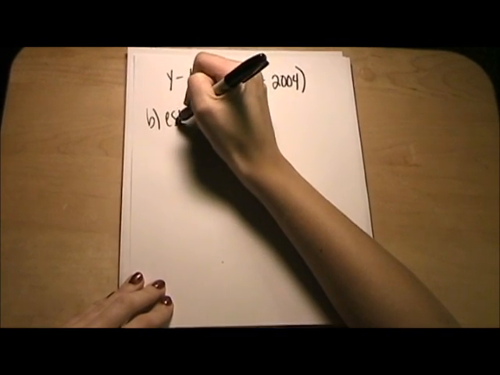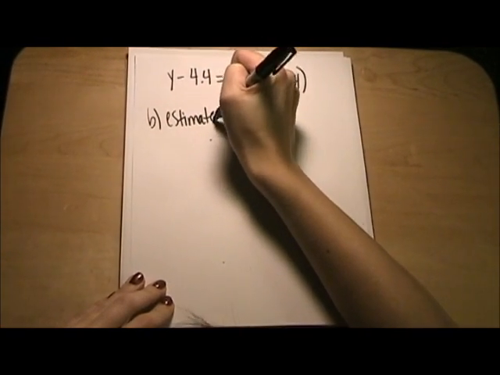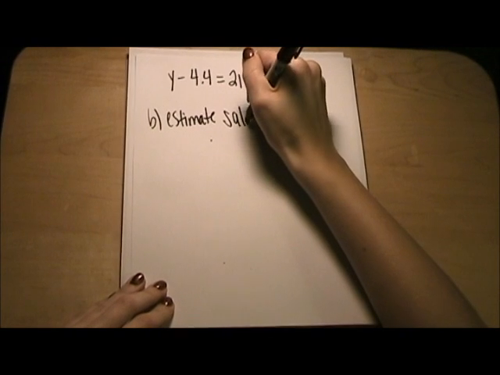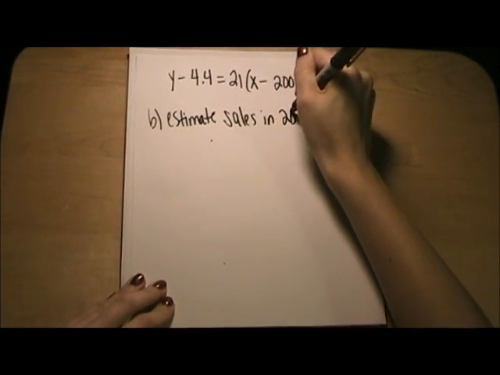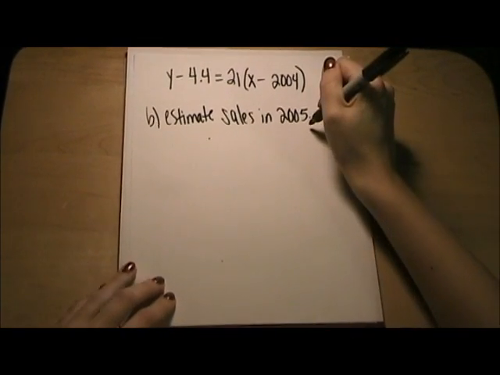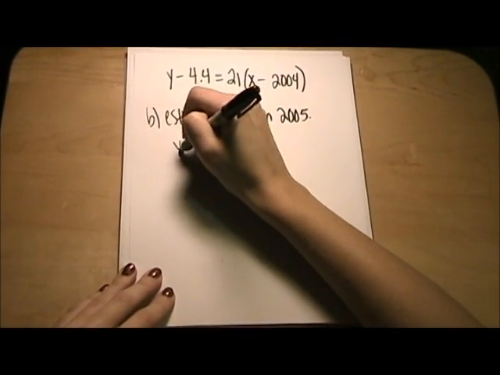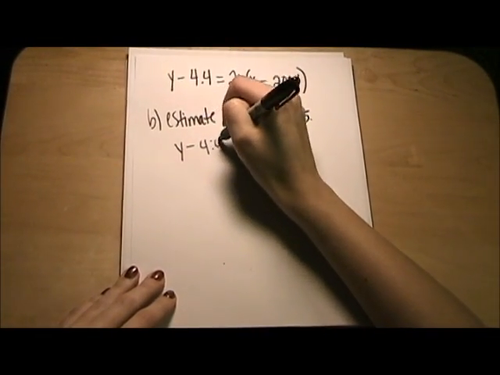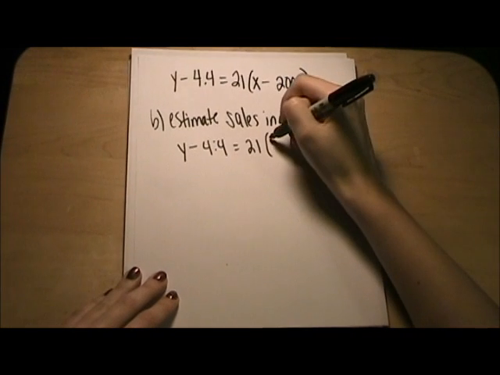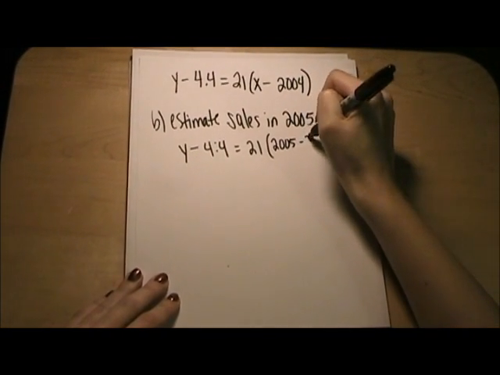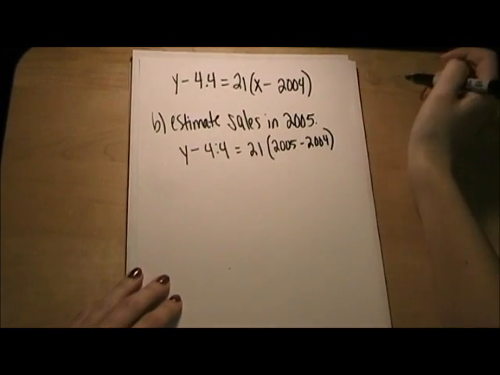If they want to estimate sales in 2005, y minus 4.4 equals 21 times 2005 minus 2004.